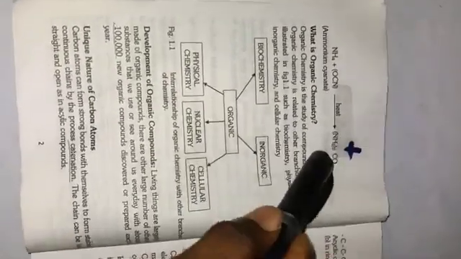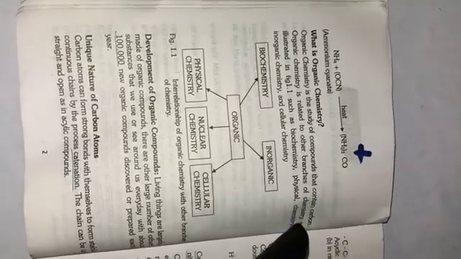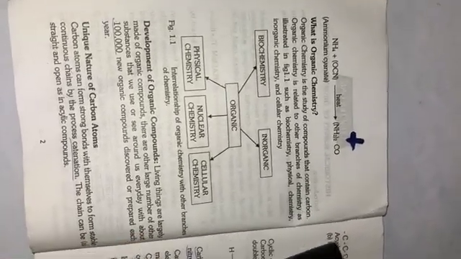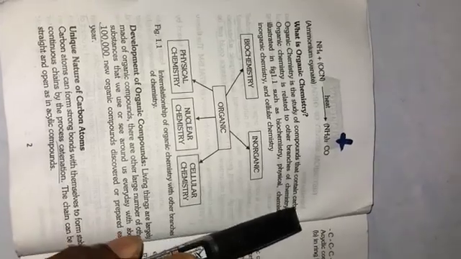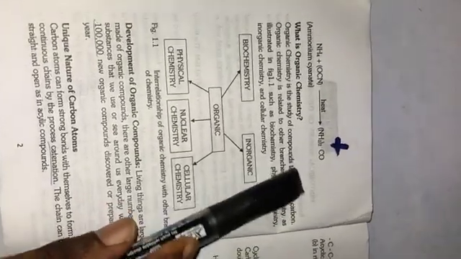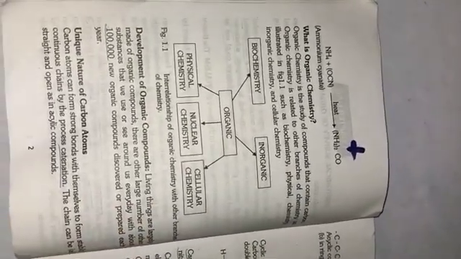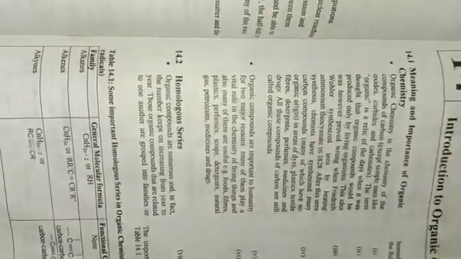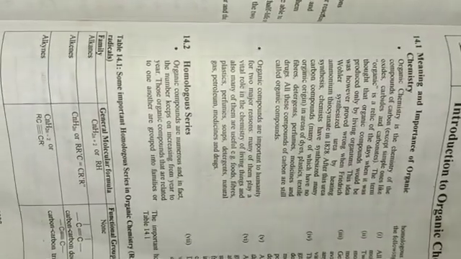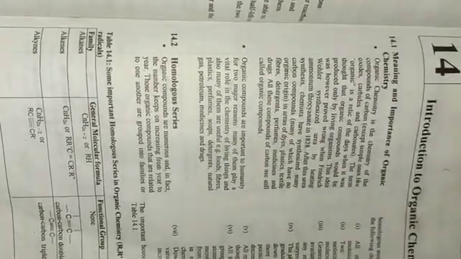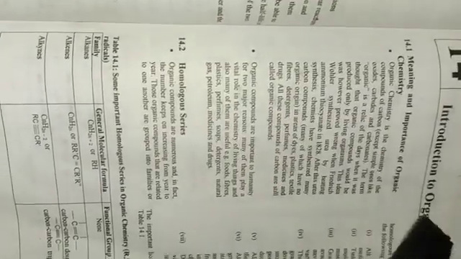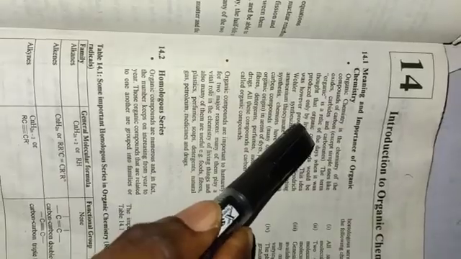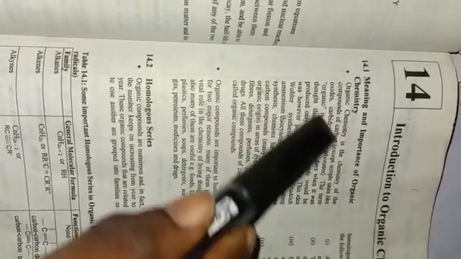And back here, organic chemistry is the study of compounds that contain carbon. For more exposition, I recommend LAMLAD for you all as my students. Organic chemistry is the chemistry of compounds of carbon, except simple ones like oxides, carbides, and carbonates.